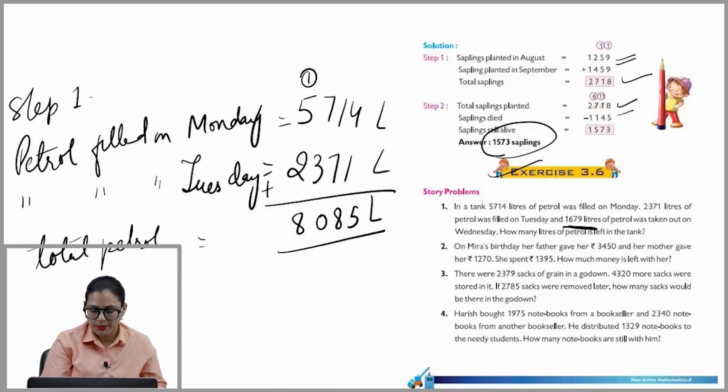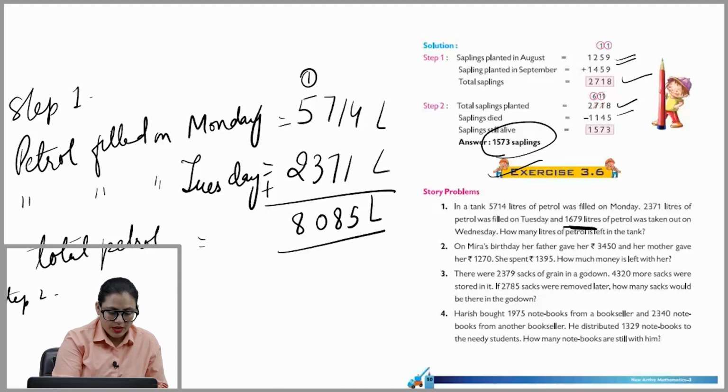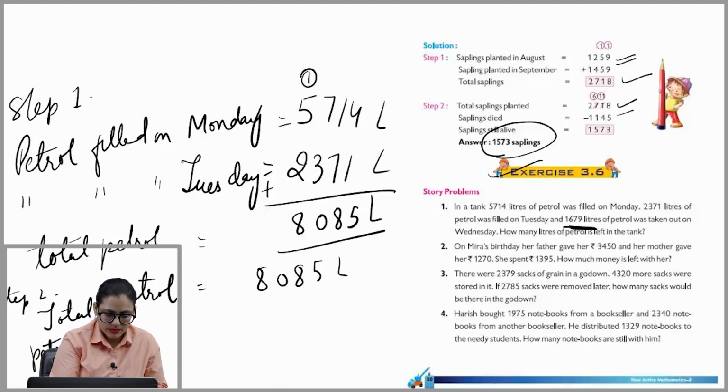this much of petrol that was taken out on Wednesday. Step 2. Total petrol, 8,085 liters of petrol, taken out, this much, 1,679 liters.